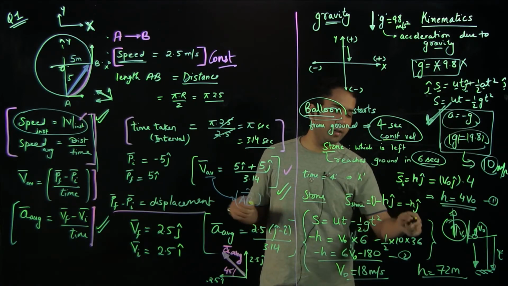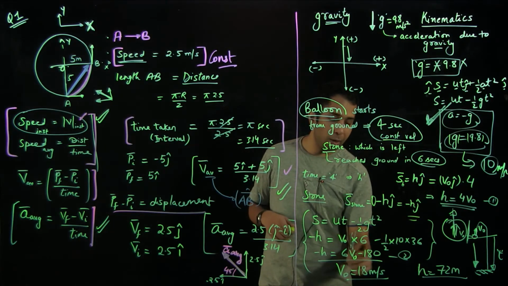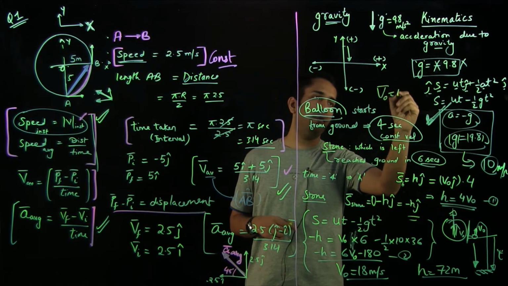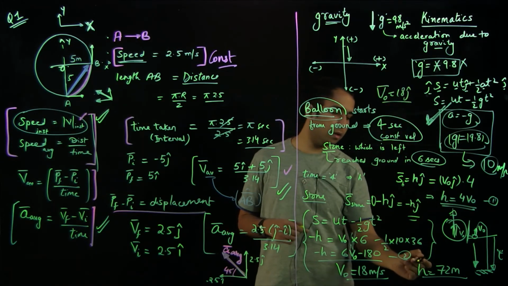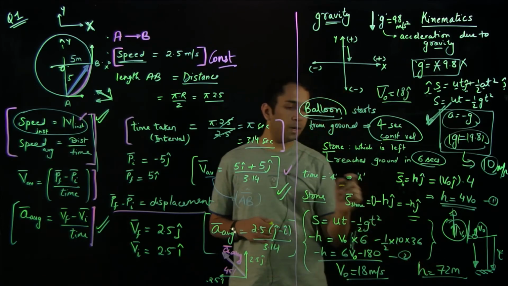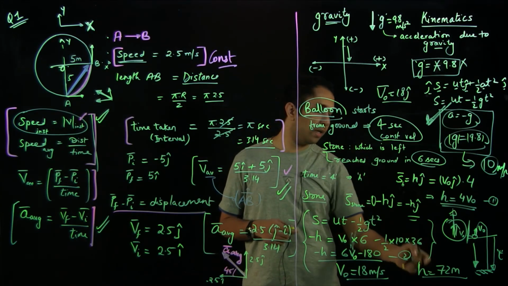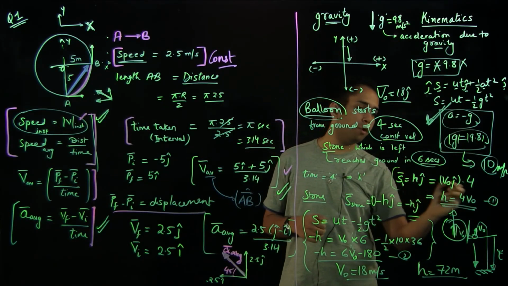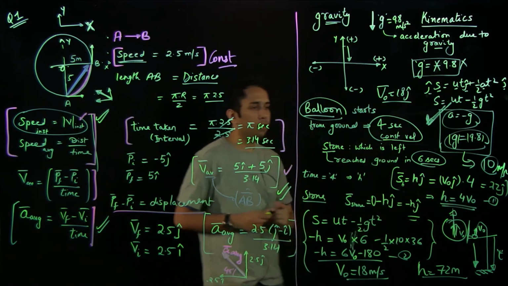So we can write j cap, and the velocity magnitude is 18 meter per second, but the actual velocity vector would be 18 j cap. Similarly, h is 72 meter, but if I am talking about the displacement of the stone, it would be minus 72 j cap, and the displacement of the balloon would be 72 j cap plus 72 j cap.